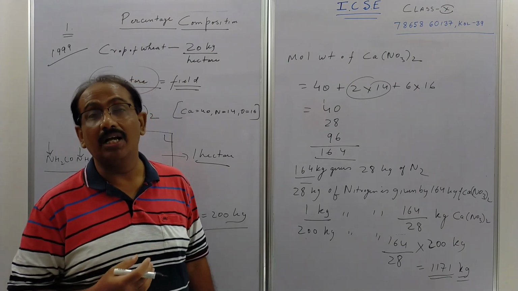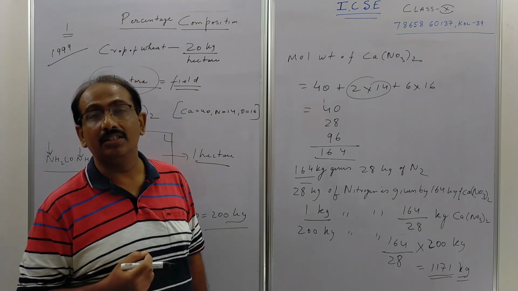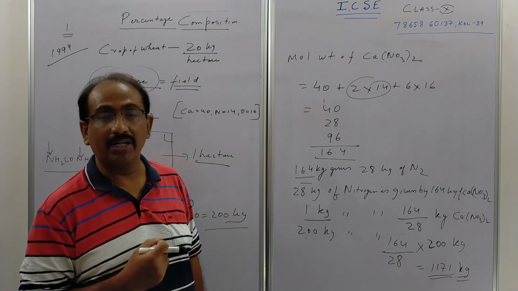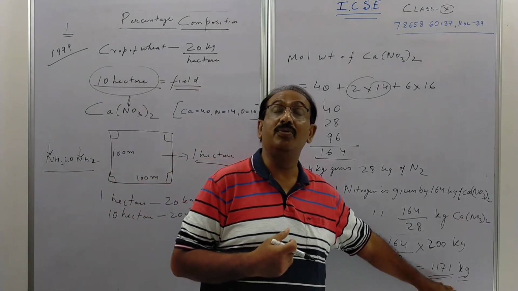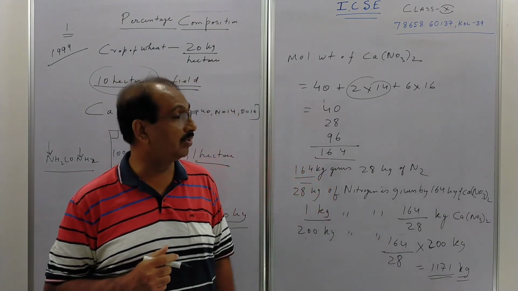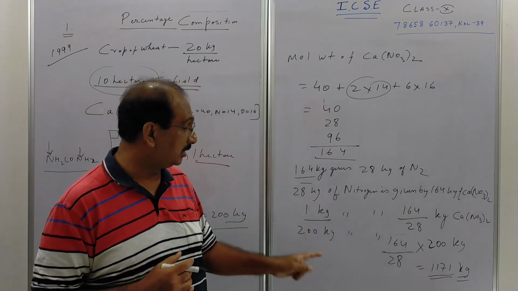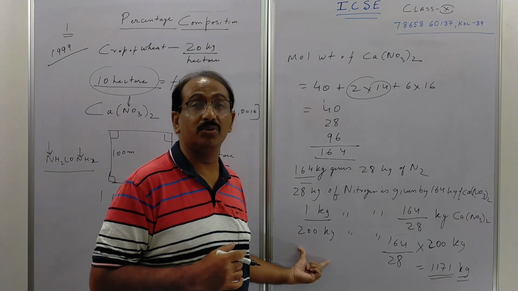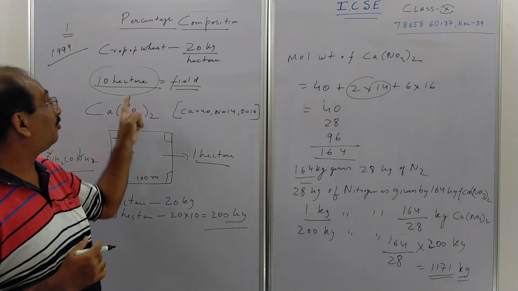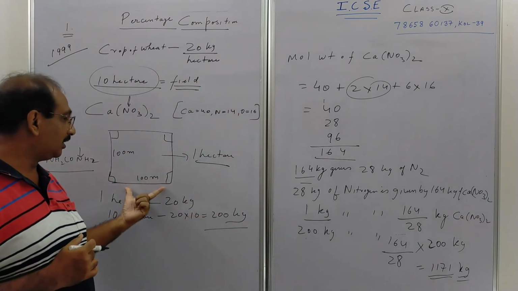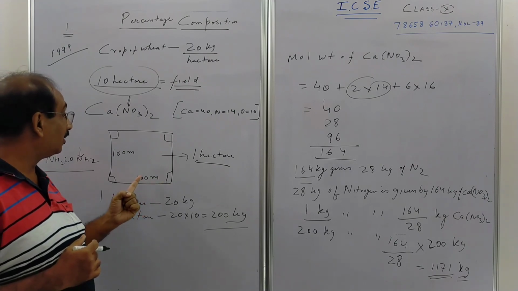So if a farmer has to buy 100 kg bags of calcium nitrate, he has to roughly buy 12 bags, 12 into 100, 1200. So if he buys 12 bags of 100 kg of calcium nitrate, he will get around 200 kg of nitrogen, which will be enough for the crop of wheat which he is sowing in 10 hectares of land.